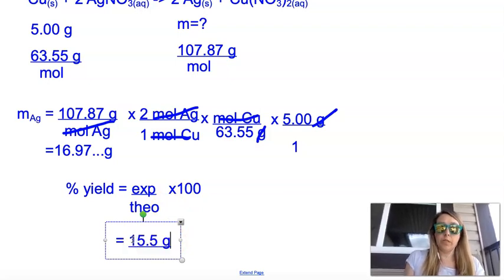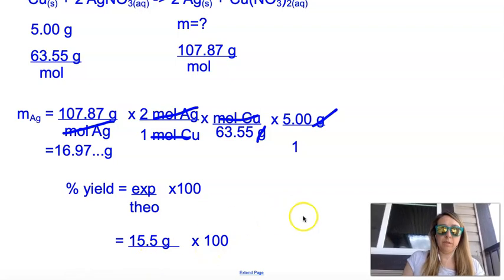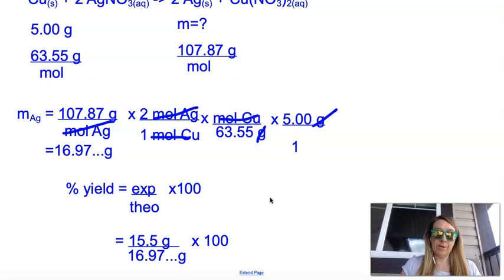Right, and then we are going to times by 100, and then divide by 16.97, making sure that on your calculator you're actually using that answer button, right? So we're going to do 15.5 divided by answer times 100.